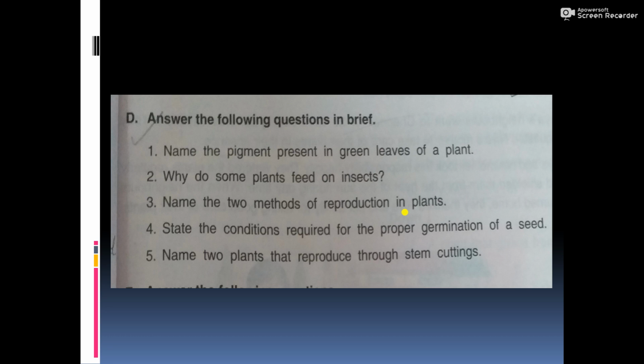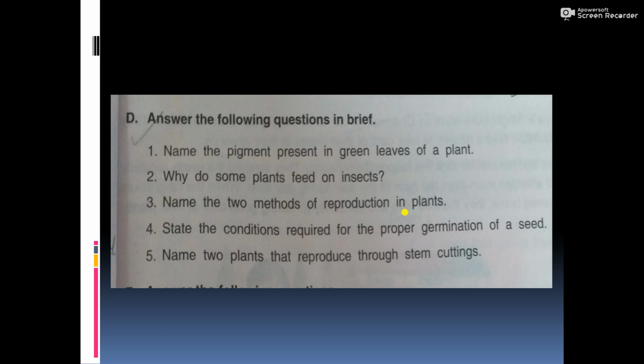So what are the vegetative parts? I explained to you: root, stem, leaves, branches. These parts of the plants help in the formation of more and more plants. So the two methods of reproduction in plant are clear: reproduction through seed and reproduction through the other parts of the plant.